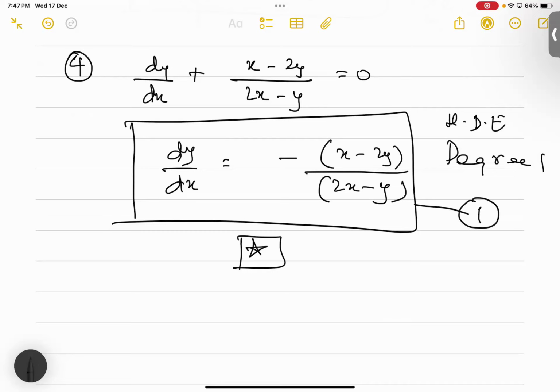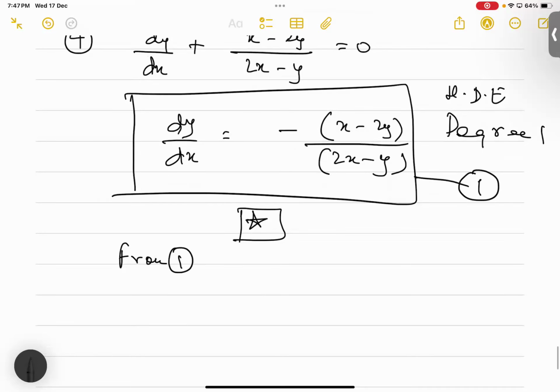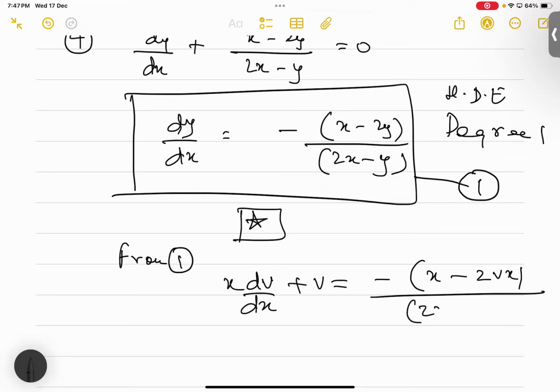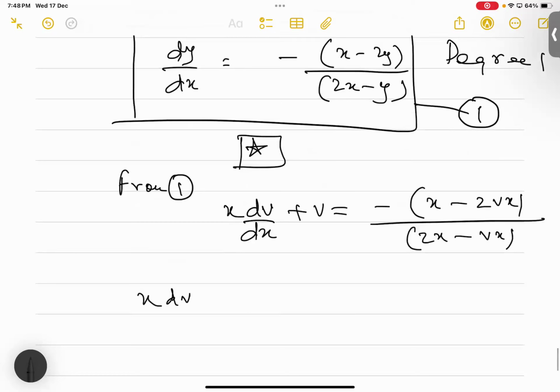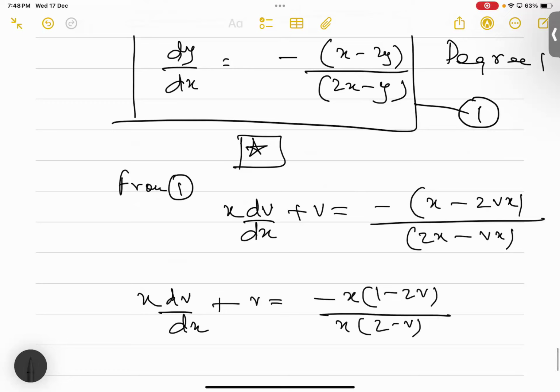So this is equation number 1. And if you put y is equal to vx, all those steps you need to write. What will be dy by dx? x dv by dx plus v. Clear? x dv by dx plus v equals minus x(1 minus 2v) upon x(2 minus v).